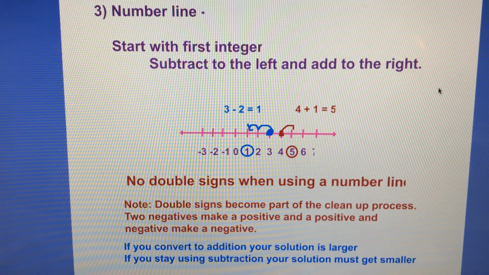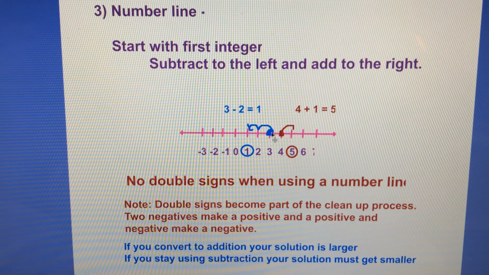You can take a look at a number line and you can start with your first integer. In this case, 3 minus 2 equals 1. 3 minus 2, which means go back 2, and I land at 1. 4 plus 1, I start at 4, I go forward 1, and I land at 5. No double signs when you use a number line.